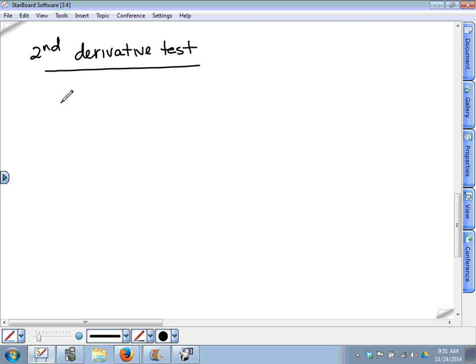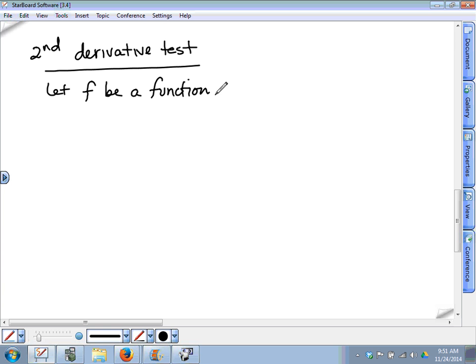Here's the second derivative test. We kind of did it already. We went over the first derivative test, and we talked about the second derivative test, but we never wrote it down.